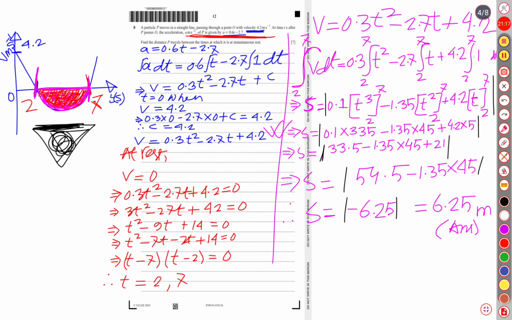Integration makes acceleration into velocity, and to convert from velocity to displacement, again we do integration. Finally our displacement is lying below the x-axis. That's why it produces a negative value, and using the modulus symbol we can accept the positive value.